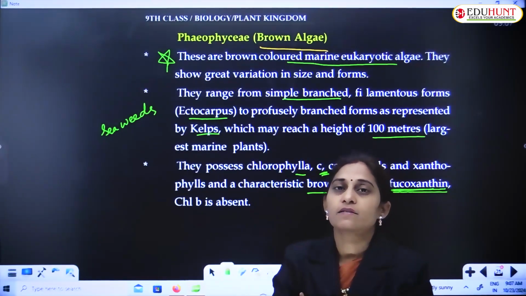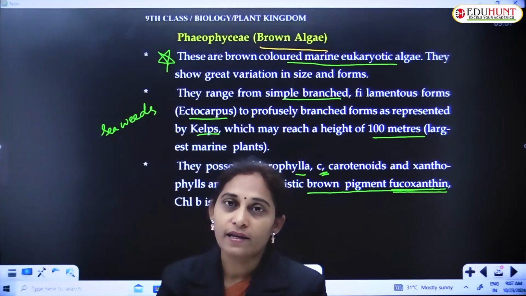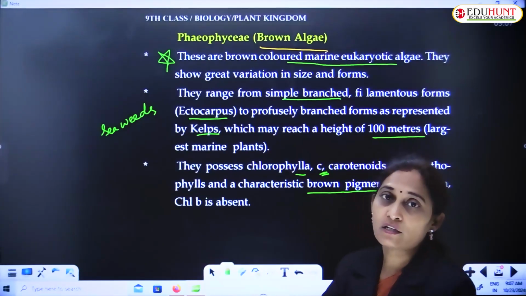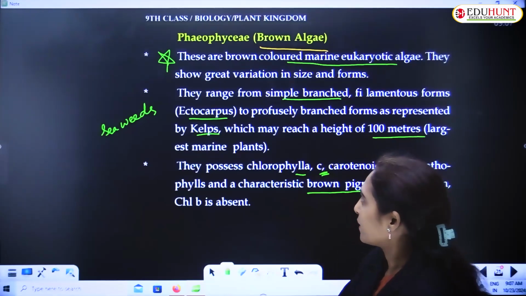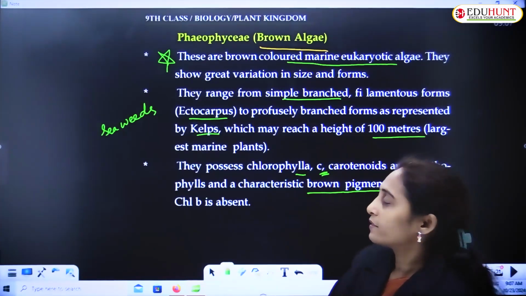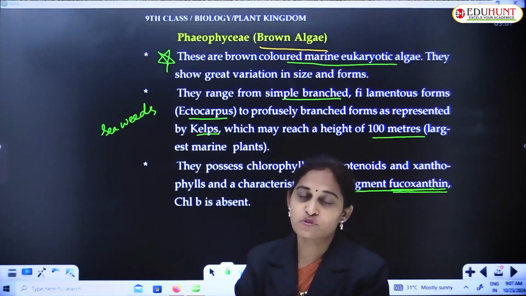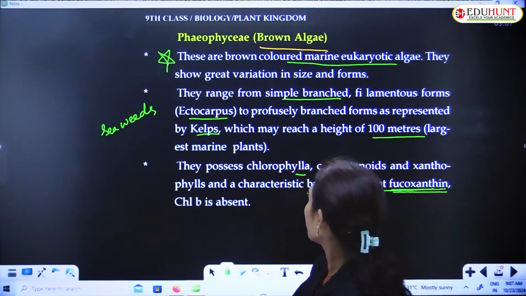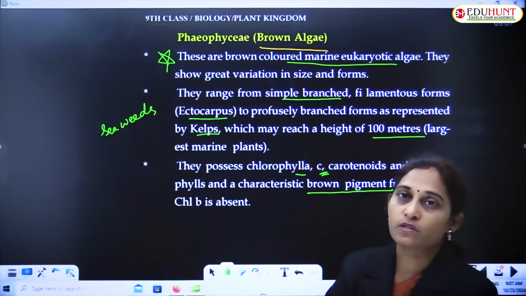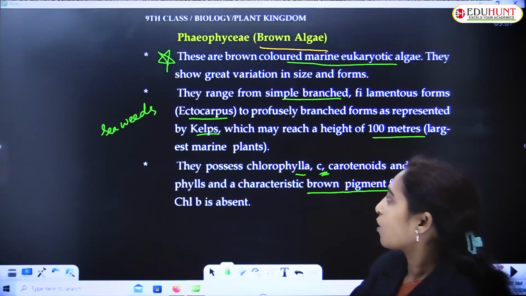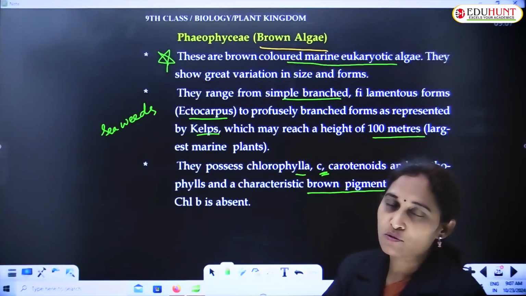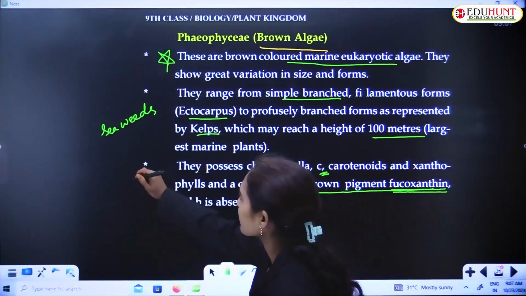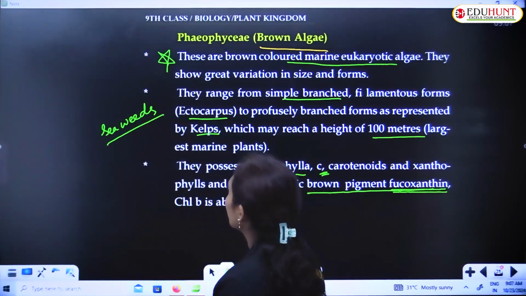One is these are brown algae and exclusively marine in nature. The habitat is marine, and the thallus ranges from a simple branched thallus to profusely branched forms, and they are commonly called kelps. Giant kelps also belong to this Phaeophyceae, and seaweeds అని అంటాము.